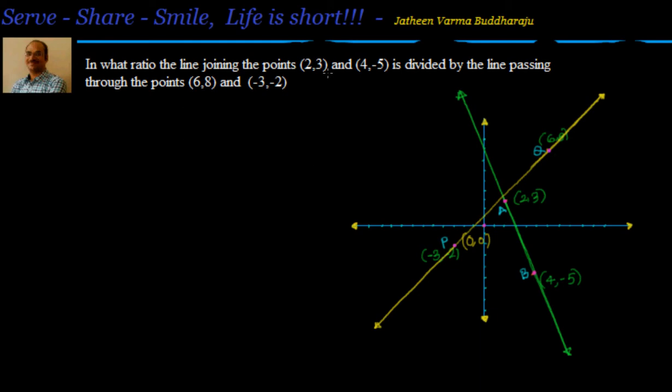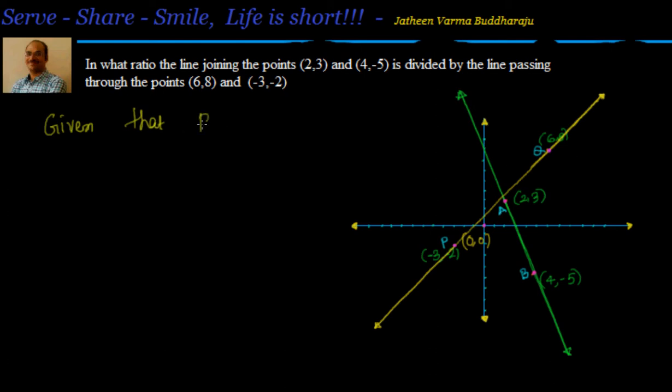Now the problem says that AB is divided by PQ. That is what we have been told. So let's write it. We have been given that the line joining (2, 3) and (4, -5) is divided by the line through (6, 8) and (-3, -2).